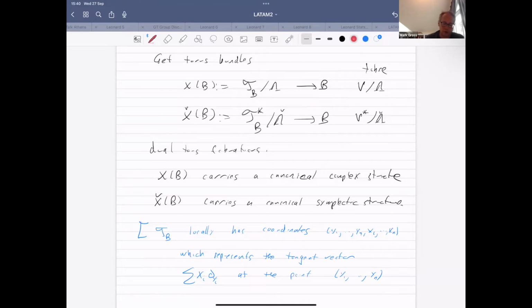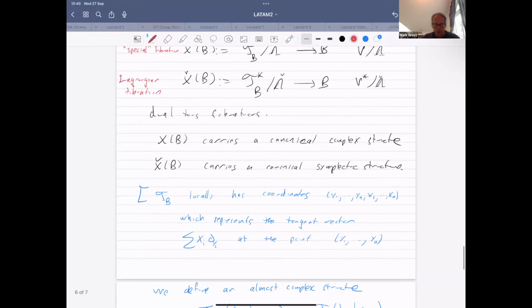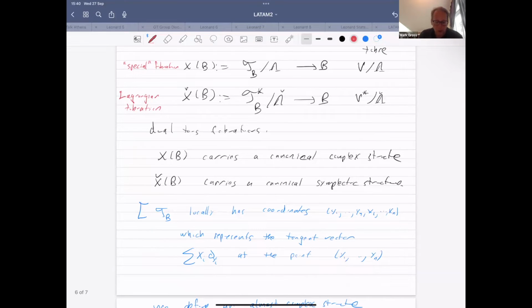So this is a special fibration, and this is a Lagrangian fibration. So this is half of the story. We don't have the full special Lagrangian fibration because we don't have metrics on either of these. Okay, but if you do want to get a full picture, there's a way of doing that.